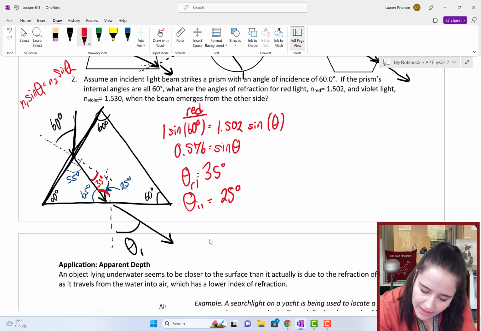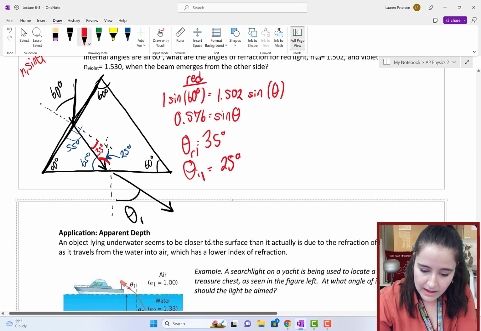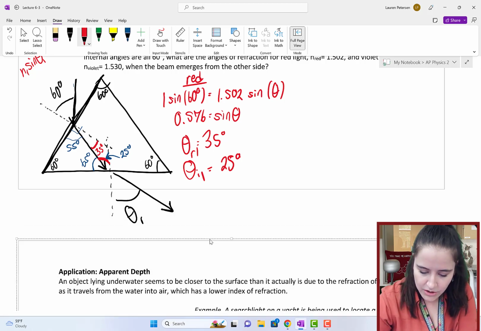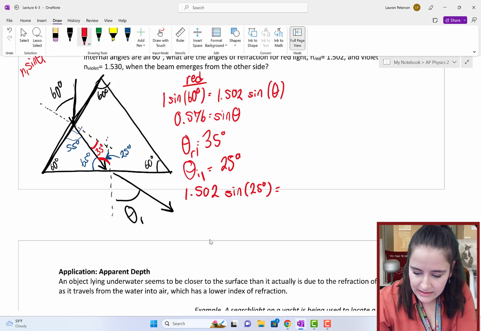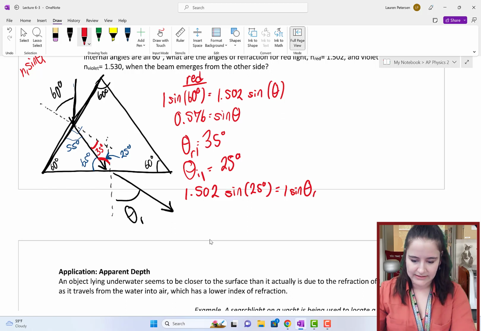So if that angle of incidence 1 is 25 degrees, we can use the N1 now is the glass that it's in. So we have 1.502 times the sine of 25 degrees equals N2, which is just 1, times the sine of that final refracted angle.